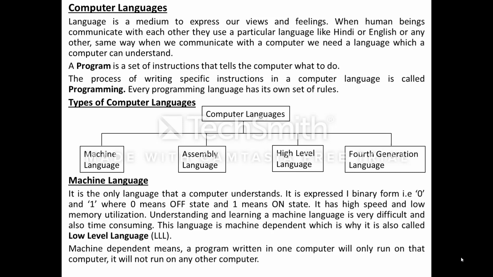So computer also works like that. When we give any instruction to a computer, we give it in our language which we understand, like Hindi or English or any other language, but the computer does not understand that. Now what happens, what we type goes inside the computer, but before reaching the CPU, that instruction or instructions are converted into binary form. Binary means 0 and 1 form, machine language form, right?